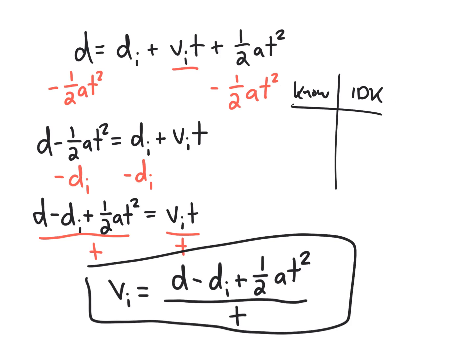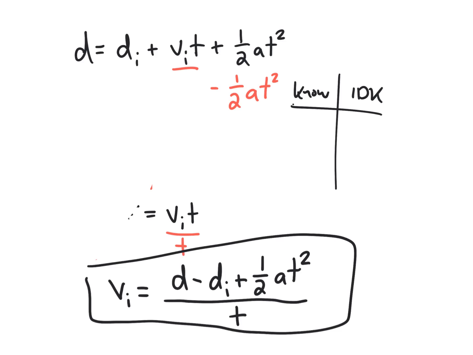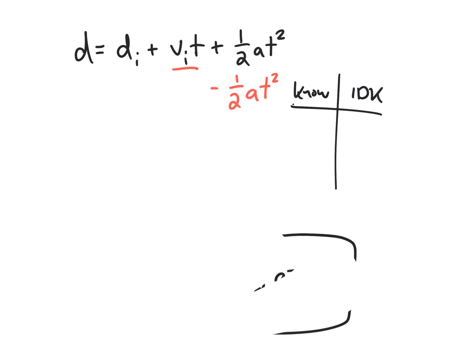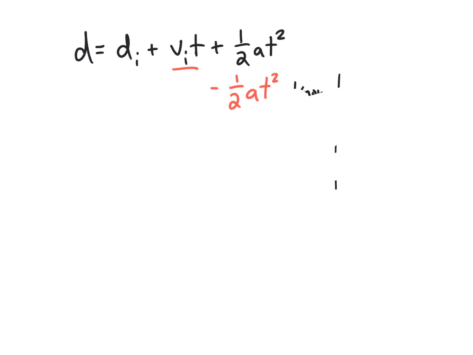If instead I had my distance, my initial displacement, my initial velocity, and my time, and I was looking for acceleration, if I was looking for a, I'd do the exact same process, just some algebra. I'm going to move everything except a to the other side.